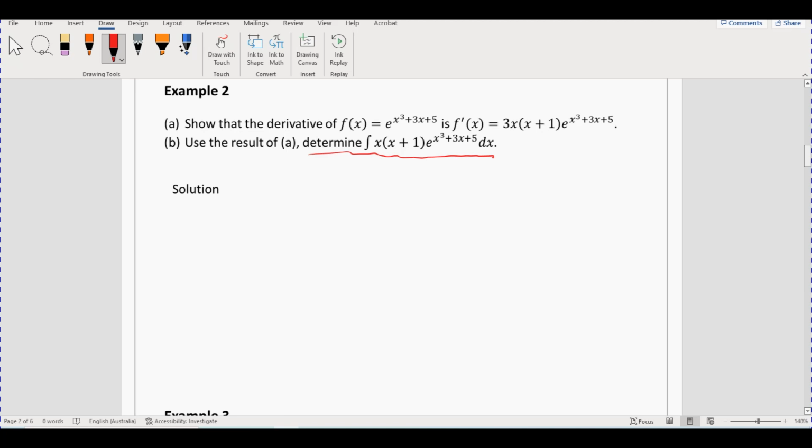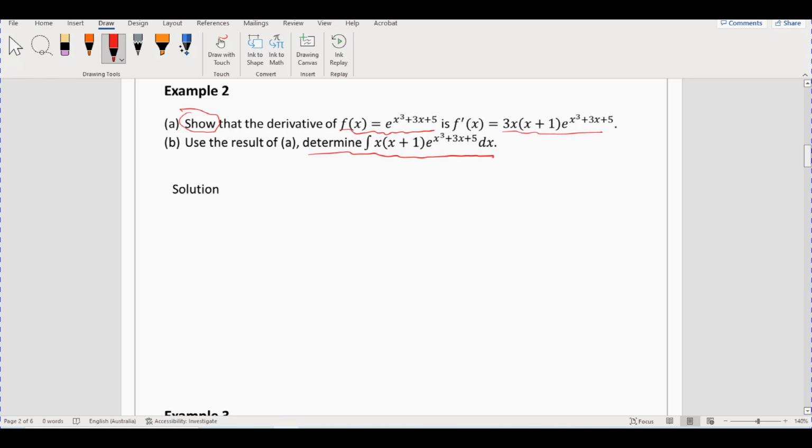So part A is a function f(x) which equals e to the power of x cubed plus 3x plus 5. You need to show the derivative is such a thing. When you compare the structure of that derivative to the integrand, the content of that integration, they are very similar, apart from you miss out a 3 in that integrand, but otherwise they are the same.